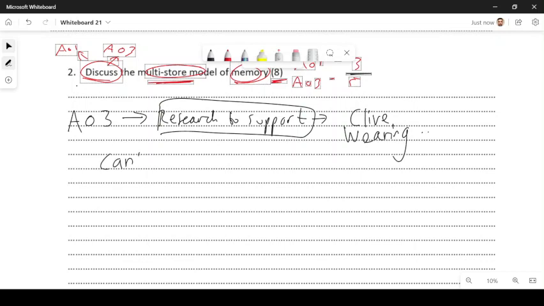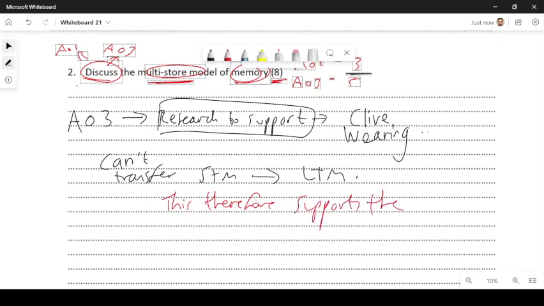So the key thing to get across, can't transfer short term to long term. The key with this one as well, you must get in then, this therefore supports the multi-store model of memory because it suggests that information flows in a linear way.